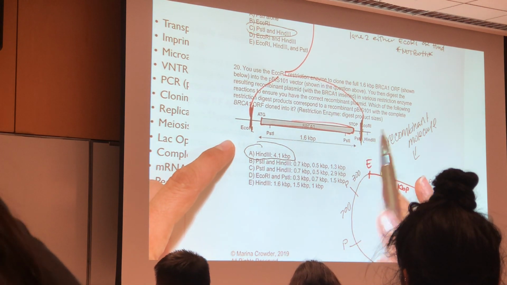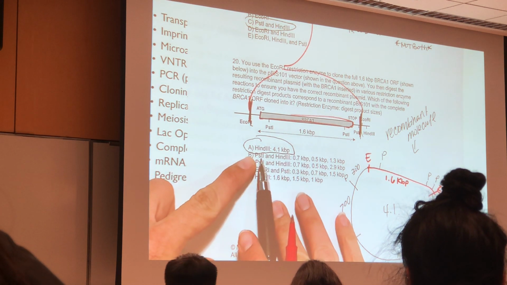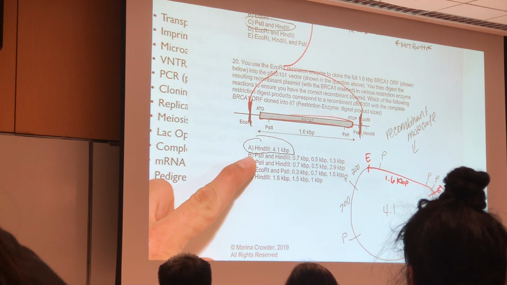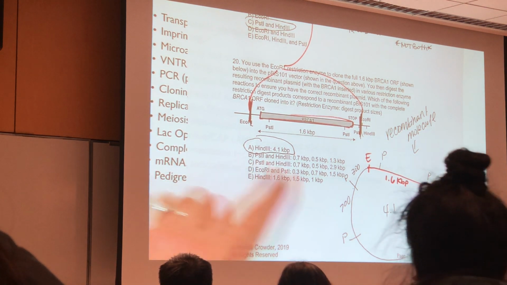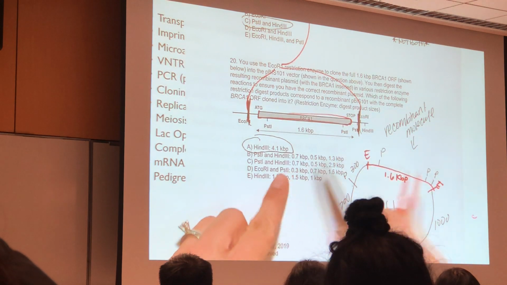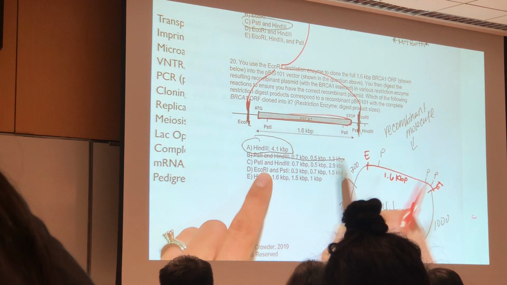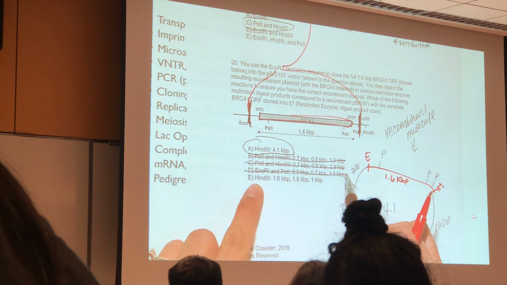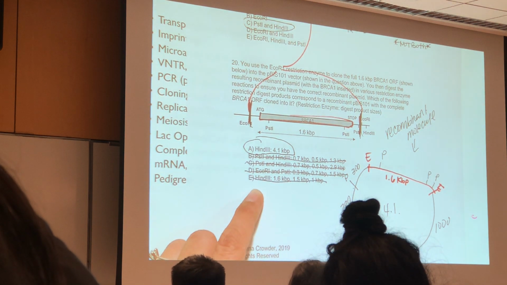But if you don't want to stop there, you just want to make sure, if you cut with PST1, how many fragments are you going to have? 1, 2, 3, 4, and you want 5, 6. 6 fragments. There's only 3 listed here, so that's not correct. Same here, that's not correct. PST1 cut here, that's not correct. We already said if we cut with only HindIII, we'd only get 1 fragment. That's not correct.